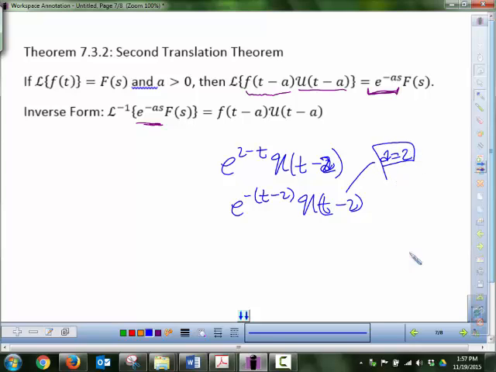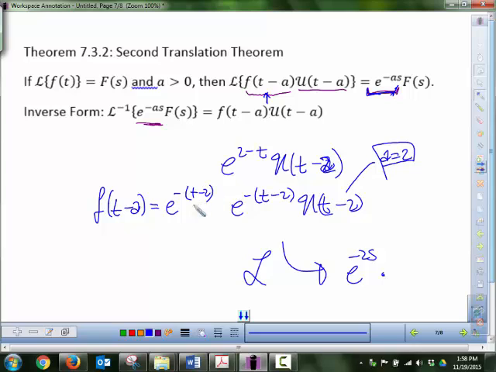So in my transformation into the s world, I'm going to have e to the negative 2s, because a is equal to 2. Now my f function, let me write f of t minus a equals e to the negative t minus 2. A is equal to 2, so let me just write 2 in this case.